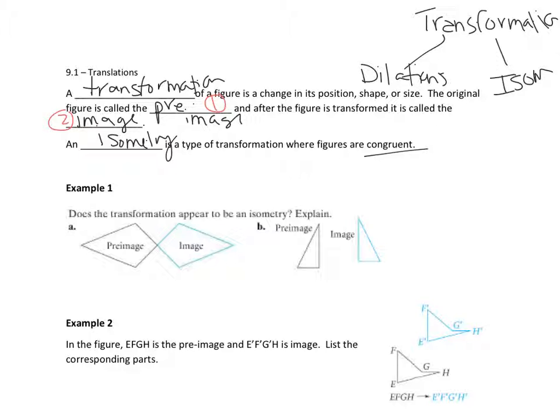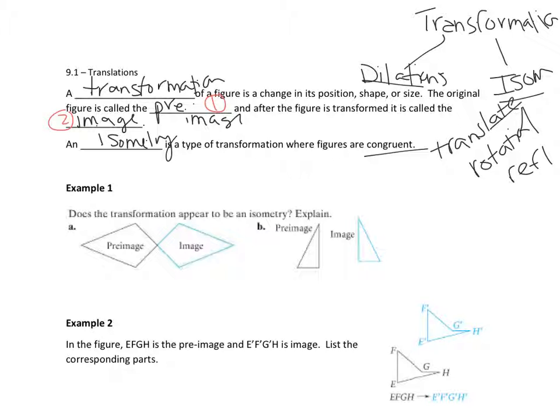Dilations are when you expand or shrink an object, so it's not necessarily congruent. And isometries are congruent figures. Different types of isometries are translations, which is when you slide or shift something, rotations, and reflections. So that's kind of the unit as a whole, chapter 9.